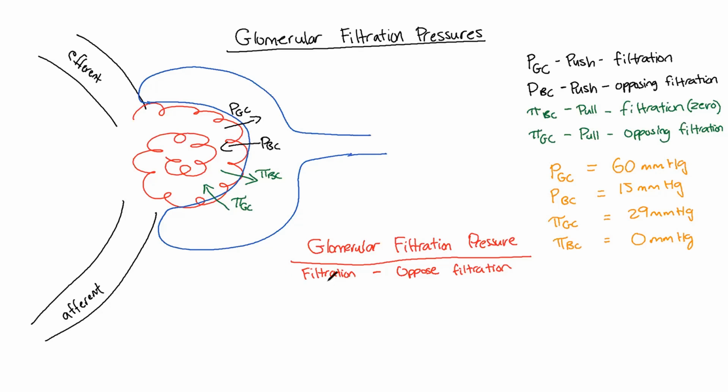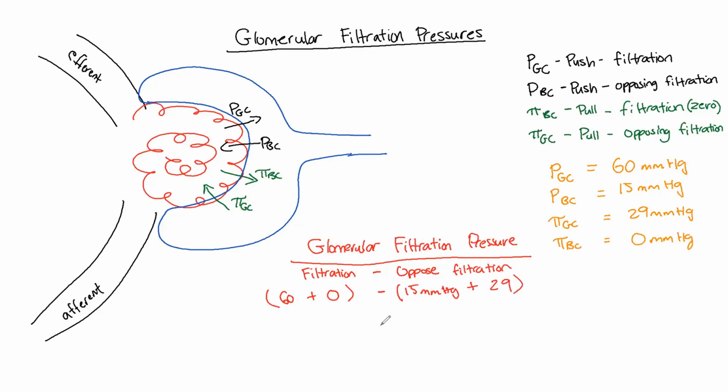So our forces that favor filtration are our glomerular capillary hydrostatic pressure, so we're going to plug in 60 here. We're also going to add our second filtration force, which is our Bowman's capsule oncotic pressure, which is 0, so 60 plus 0. And then we think about our forces that are opposing filtration. So we're starting with our Bowman's capsule hydrostatic pressure, 15 millimeters of mercury, and we add our glomerular capillary oncotic pressure, 29 millimeters of mercury.